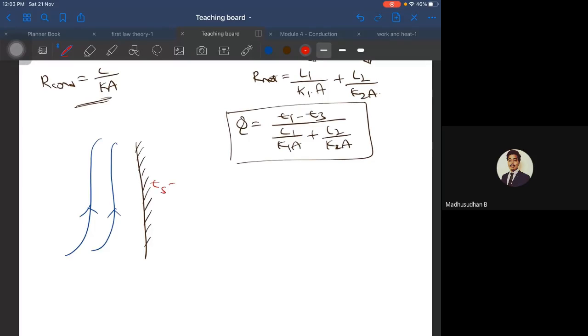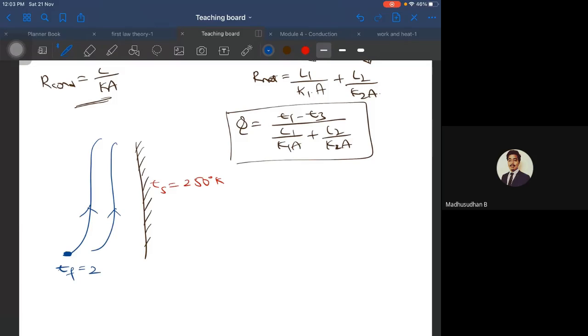I can take it as Ts, the surface temperature, which is the highest, say around 250 degrees. And at the point at which the air enters, the fluid temperature initially would be around normal room temperature, 28 degrees Celsius.